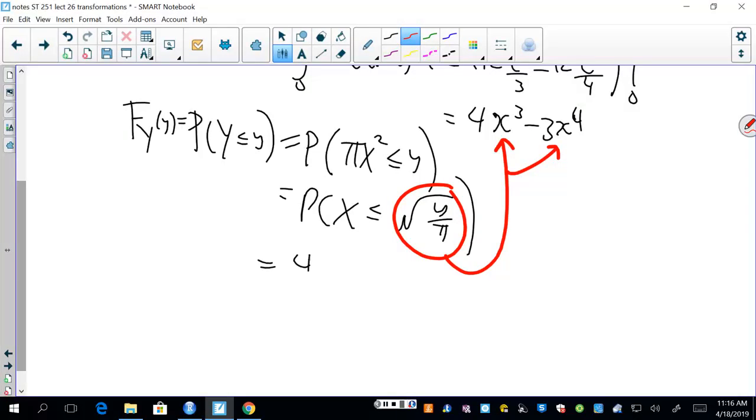So it'll be y to the 3/2 over pi to the 3/2, and then minus 3 times the 4th power, which gives us y squared over pi squared.